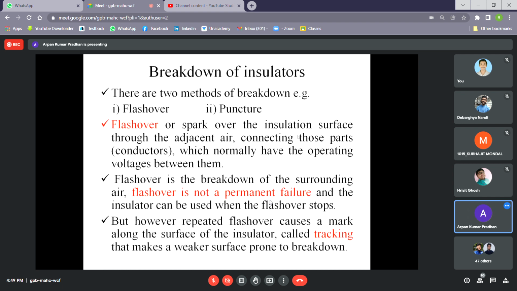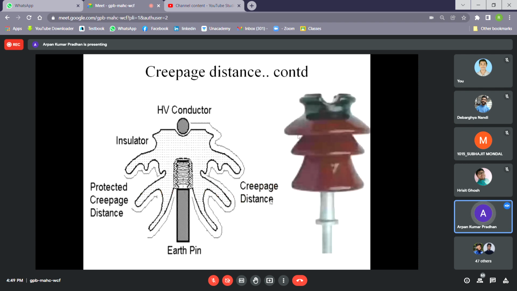Because you know, the flashover occurs due to the breakdown of the air. If you can see the insulators, adjacent to that insulator there is air. So if for some reason the breakdown of air between that live conductor and earth pin has occurred, then you can say there is a flashover occurring in that insulator.